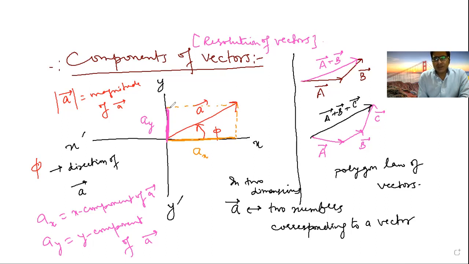If this is ax, this is also ax, and this is also ay. This length is also ay. So I have this right angled triangle. I can use Pythagoras theorem. I can write magnitude of A is under root ax square plus ay square.